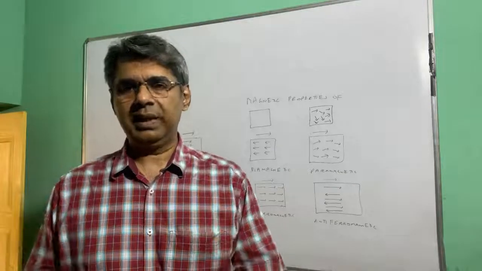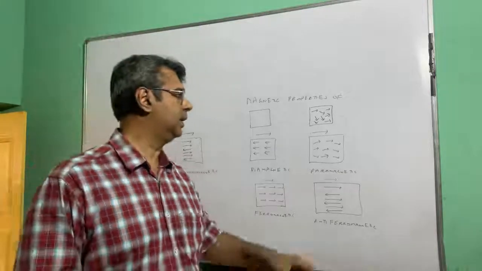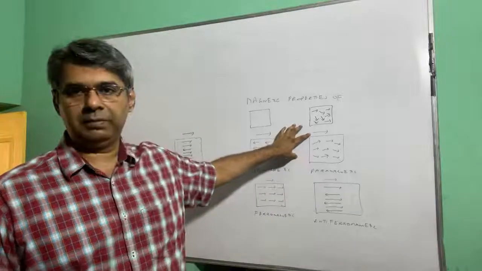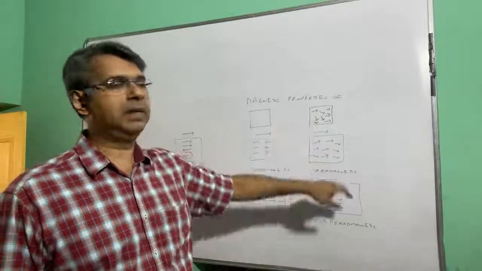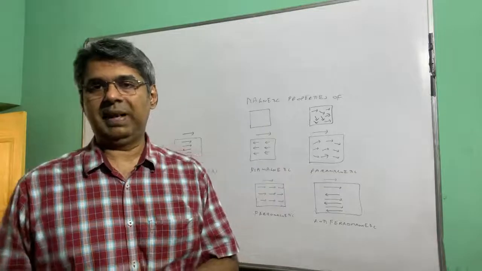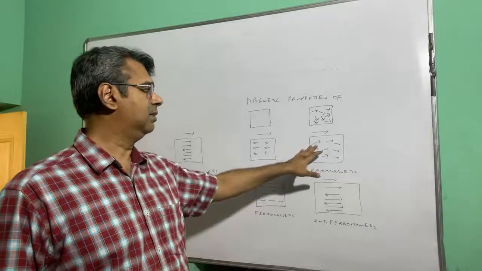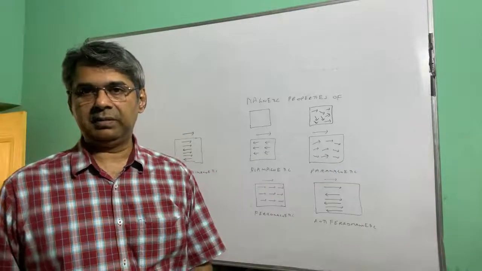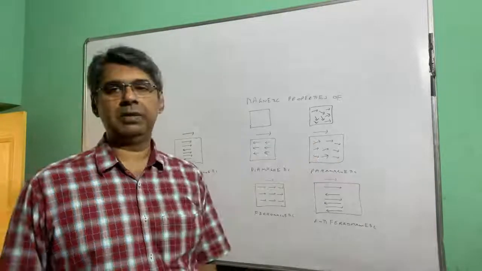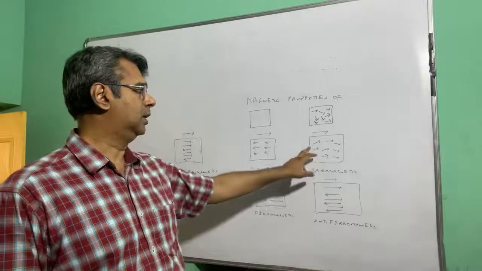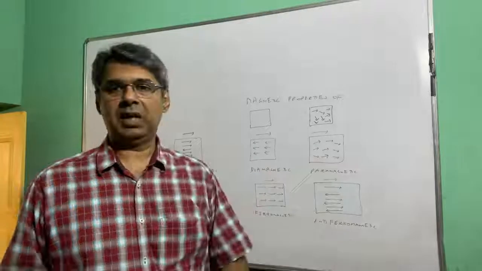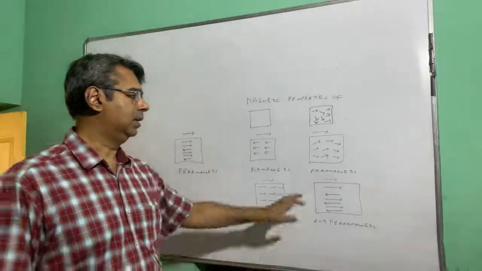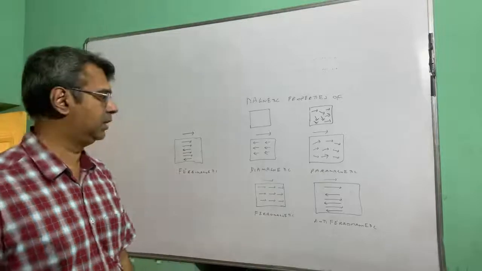When you apply a magnetic field from outside, the magnetic dipoles inside the paramagnetic substance will start aligning according to the externally applied magnetic field. That is what happens in a paramagnetic substance.